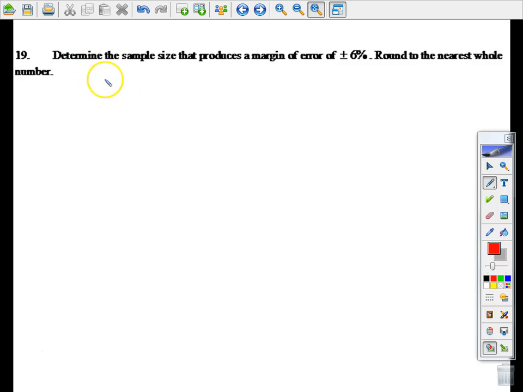Okay, determine the sample size that produces a margin of error of plus minus 6%. Well, once again, we need to use the margin of error formula, just repeating it from what we looked at earlier. But this time, we know what margin of error is. It's 6%, and in decimal form, that's 0.06.